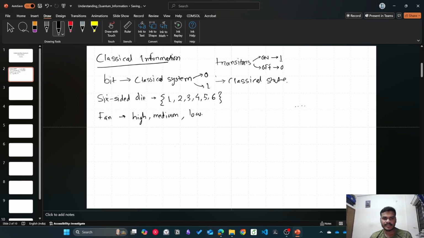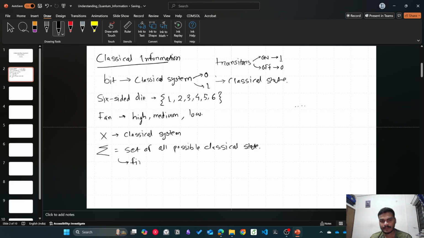So let us represent any such classical system as X. So this is our classical system. And all the possible classical states, we represent them in a set, which we call sigma, the set of all possible classical states. For the purpose of this discussion, we'll consider this set to be finite and non-empty.